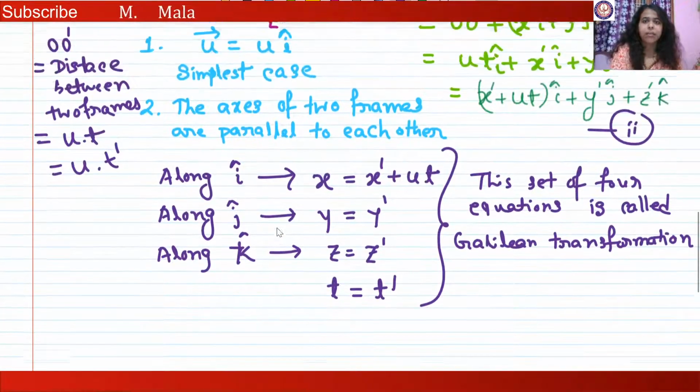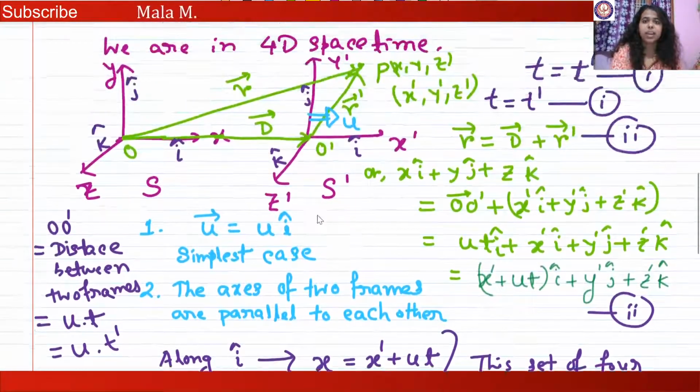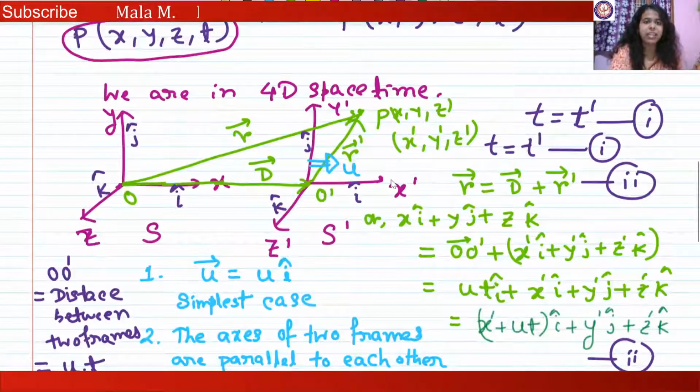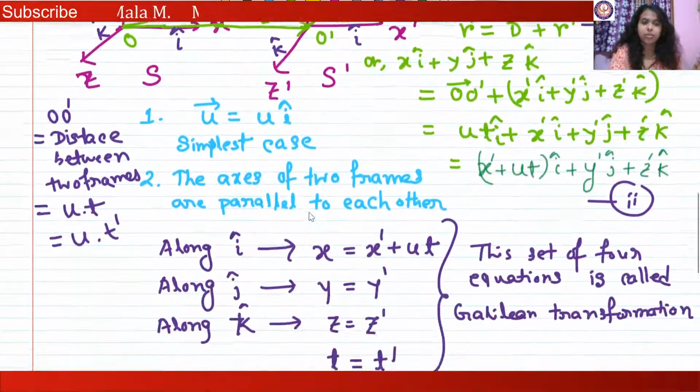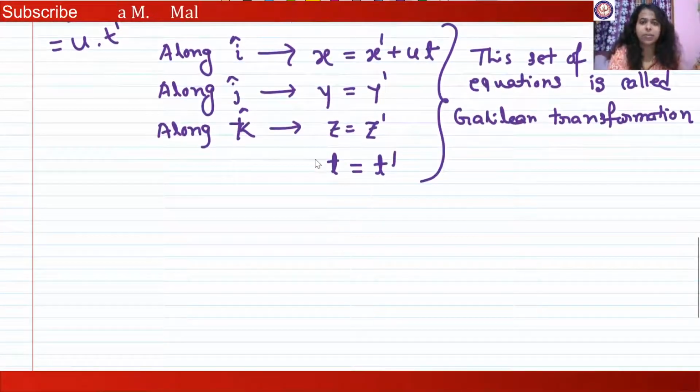So here we have assumed that frame S prime is moving in the right direction with respect to frame S. So when is this Galilean transformation applicable?